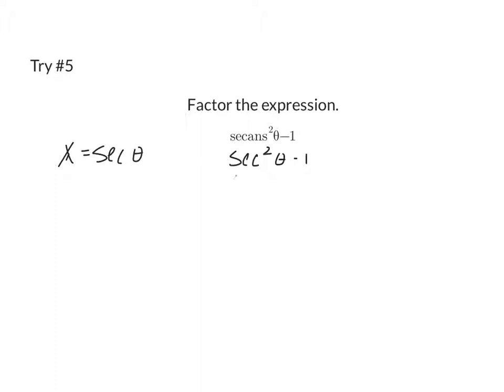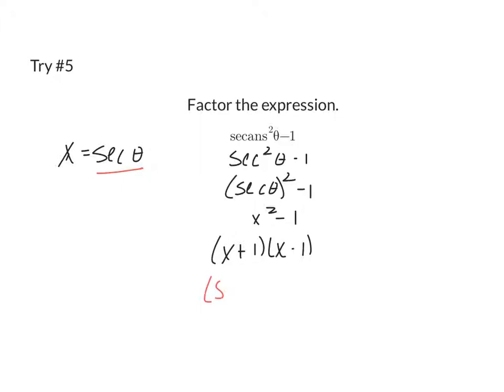So in other words, what I see is secant theta that is squared and then minus 1. And if I trade it out, it becomes x squared minus 1. Well, we know that that's a difference of squares, and the two factors you would get are x plus 1 and x minus 1. Since you can no longer factor past that point, we'll substitute the secant theta back in, and we'll get secant theta plus 1 and secant theta minus 1. And that will be our final answer.